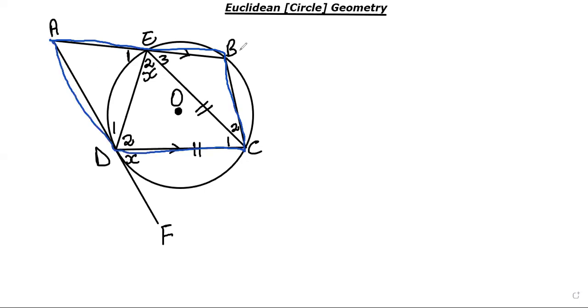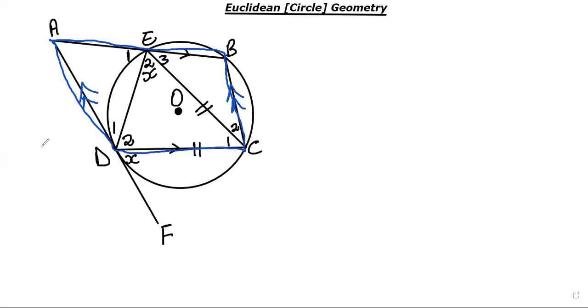I want you to realize that it's already given to us that AB is parallel to DC, right? So we just need to prove that AD is parallel to BC. Because we know that if it's a parallelogram, then 2 pairs of opposite sides are parallel, right? So that's what we need to do.